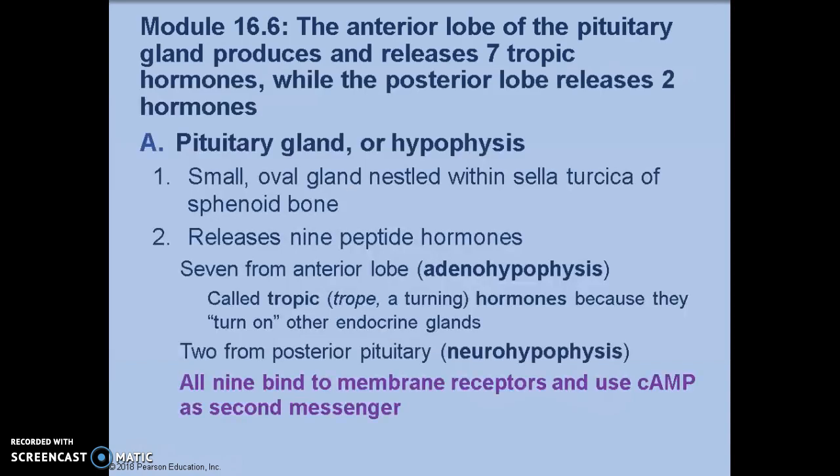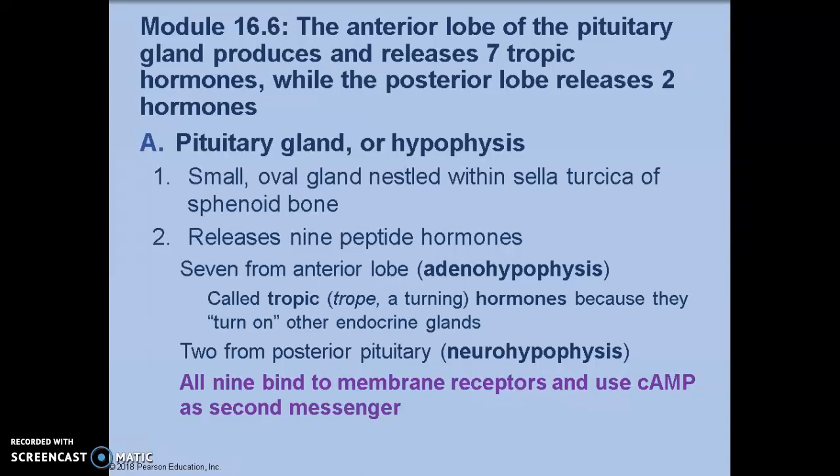The anterior lobe of the pituitary releases 7 tropic hormones, and the posterior lobe releases 2 hormones. So again, the pituitary is called the hypophysis. It's a small gland in an indentation, a cavity called the sella turcica in the sphenoid bone.